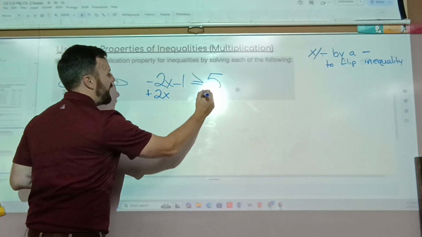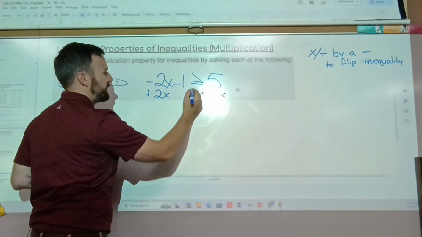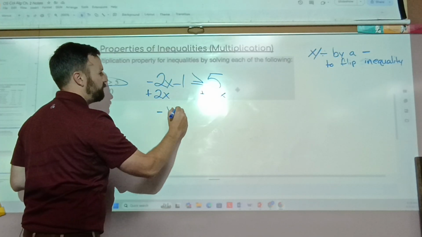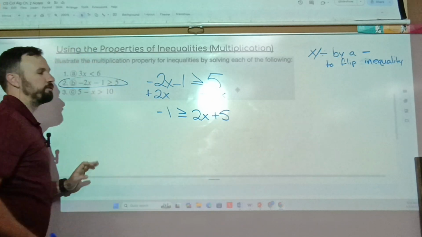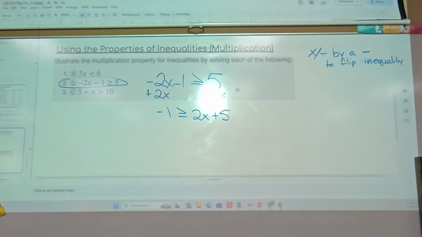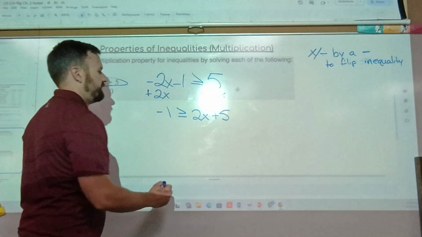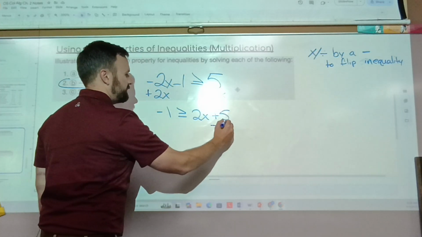So again, I would have actually added the 2x on both sides. I got negative 1. Now, is that a problem where I have to worry about flipping anything? No. Can I do that pretty much every single time? Yeah, I can. So that's what I'm going to do.